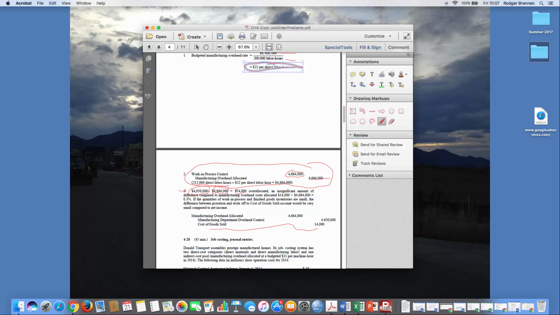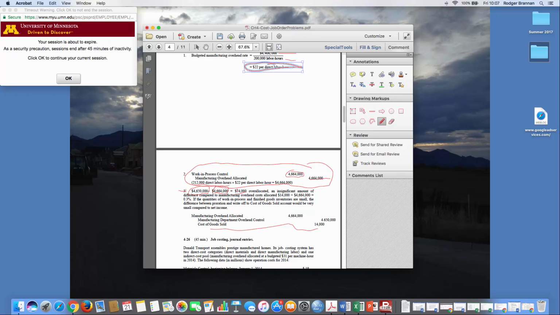So that means I need to make a debit entry to my allocated overhead. Likewise, I can then make a credit entry to cost of goods sold. That makes the adjustment, okay? Then I can close out the 2 overhead accounts, and at that point they're zeroed out, and I've adjusted for that slight over application by reducing my cost of goods sold.